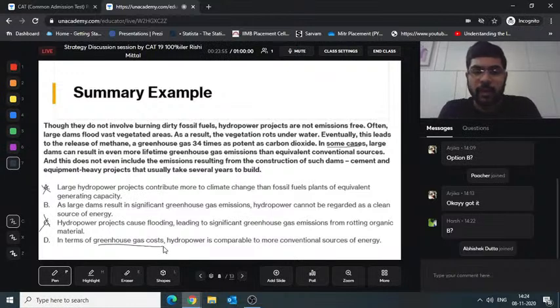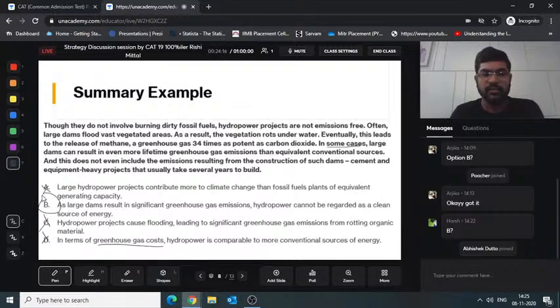Secondly, if I don't know what greenhouse gas costs are, how can I compare? Thirdly, it's comparable, but again, only in some cases. So if you say it's a generic statement, I will not agree with this. So again, I will have to eliminate this, leaving option B as my answer.